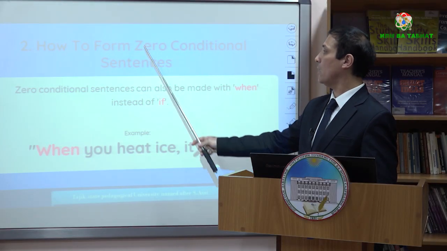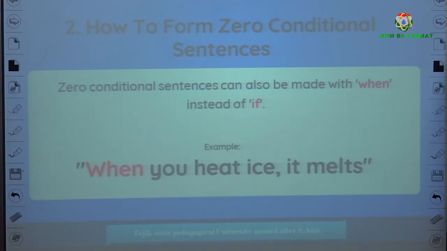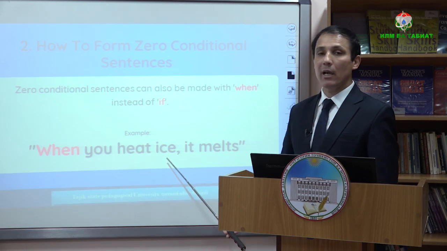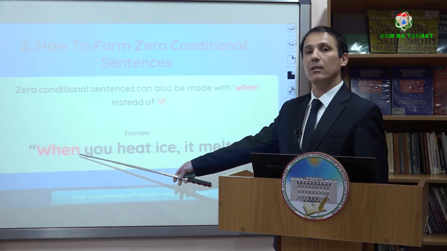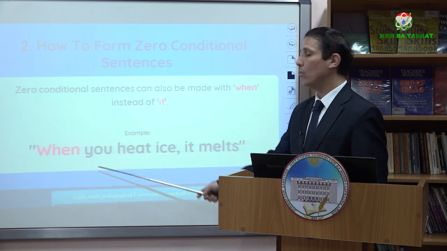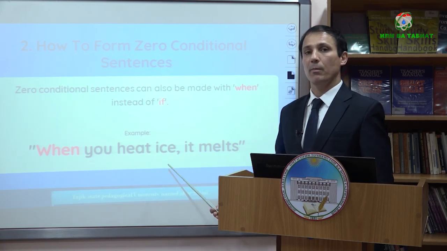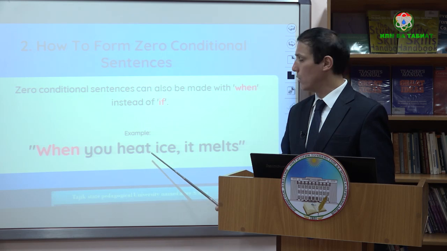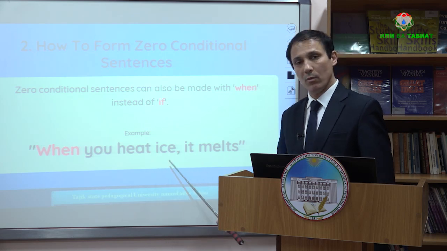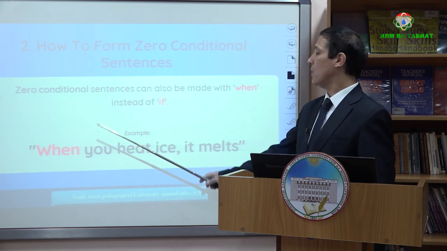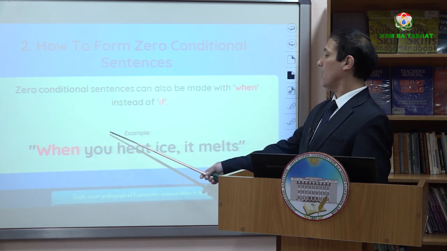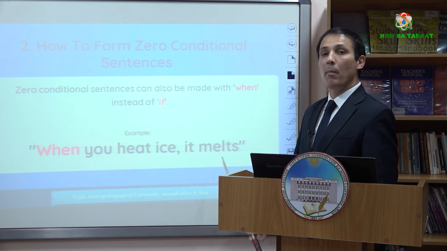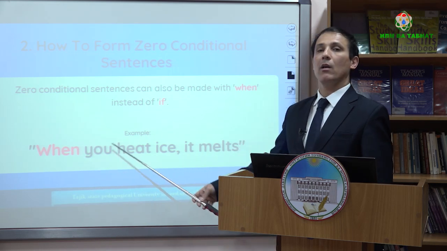Here is the form of the sentences: when you hit ice, it melts. In this sentence we may use when. This is a clear fact, so the ice will melt if someone hits it.